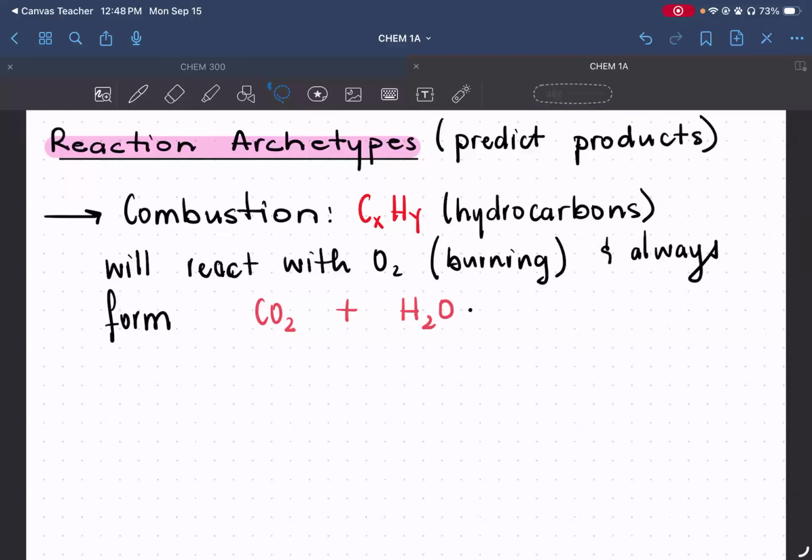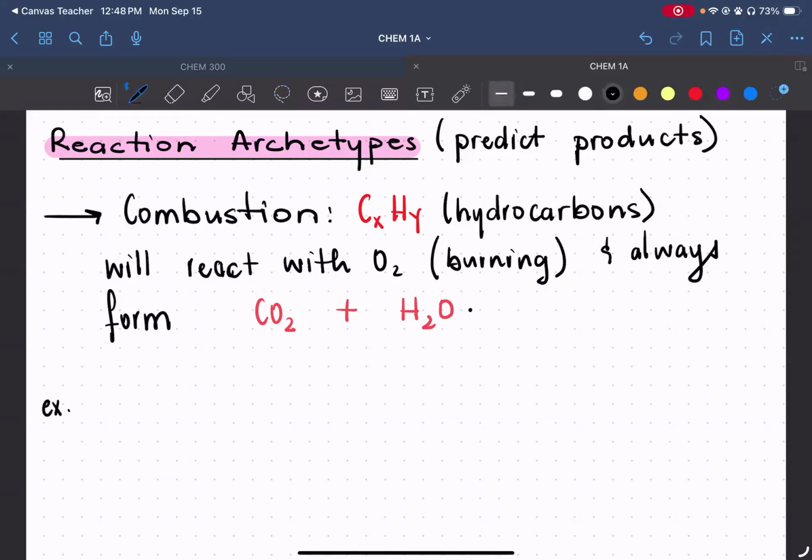So within combustion, hydrocarbons of the form CxHy will react with oxygen. It's called combustion, so it's really burning, and will always form carbon dioxide and water. This is the basic idea behind the burning of fossil fuels.